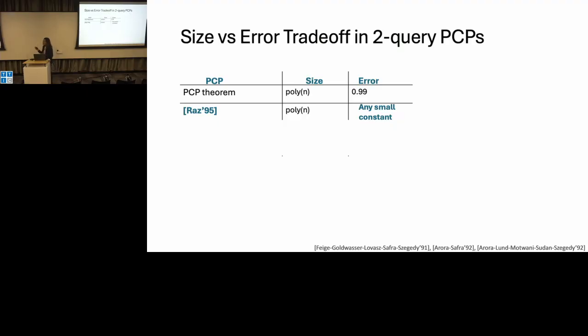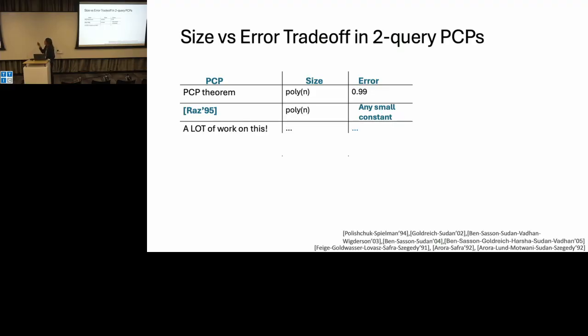So the next question was, can we bring down the size of PCPs further? Can we get as close to n as possible? There were a lot of works which did this, culminating in a work of Dinur, who showed how to get PCPs with a mere blow-up of polylog in the original length, while again getting a large error.